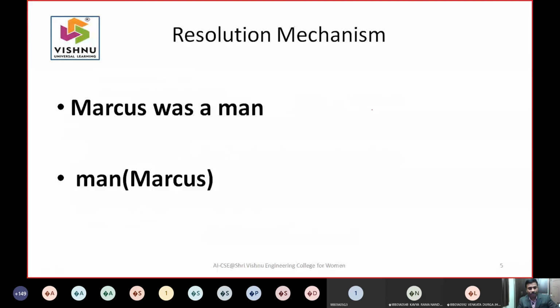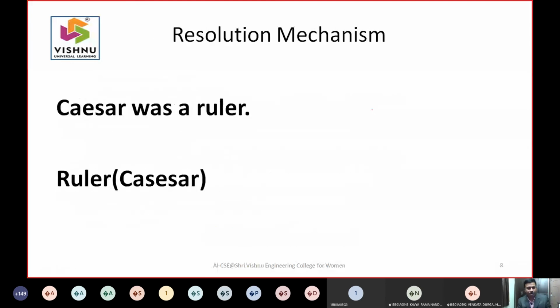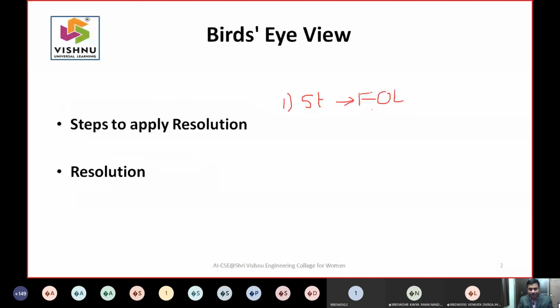This is what we have done. All these statements are converted into first order logic. The second step is you need to convert this first order logic into clause form. This is what we have seen today.